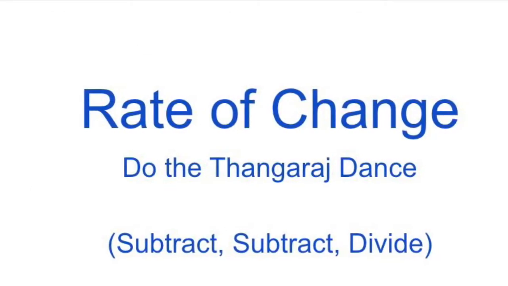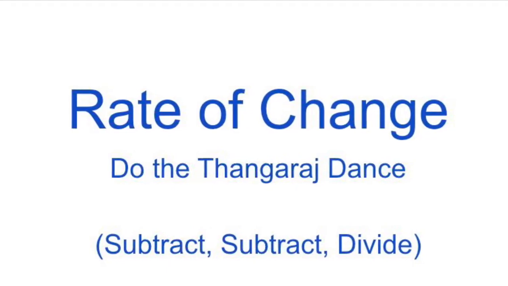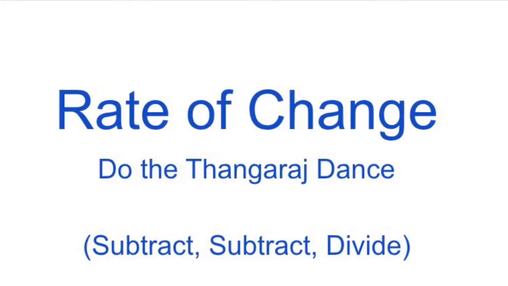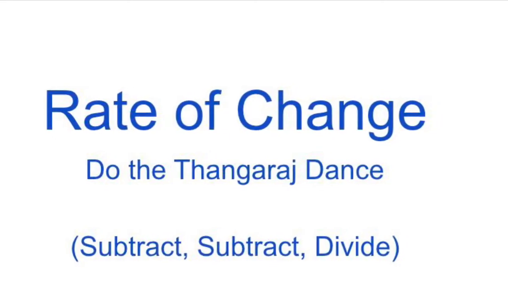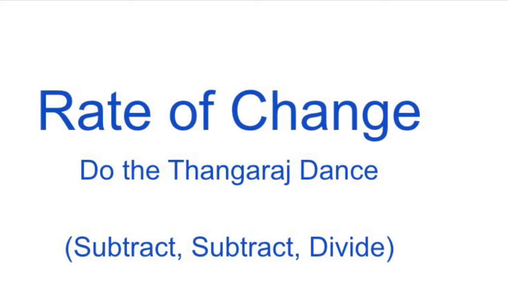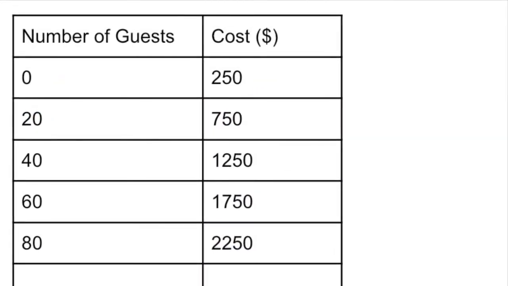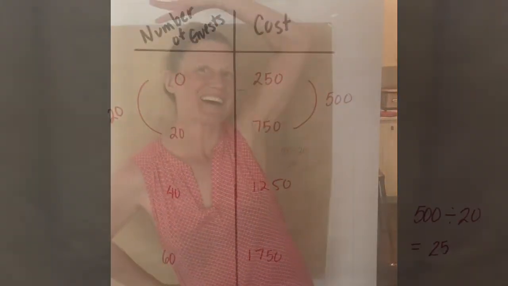We also need to state the rate of change for this table of values. To do the rate of change, remember you need to do the Thangaraj dance where you subtract, divide. So you need to look at the table of values and do subtract, subtract, divide.